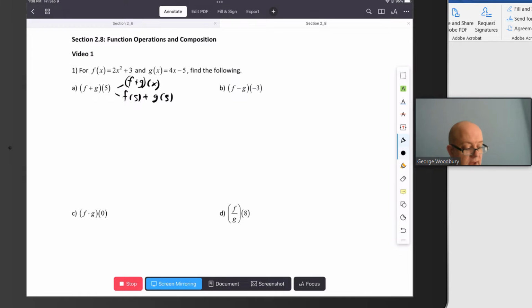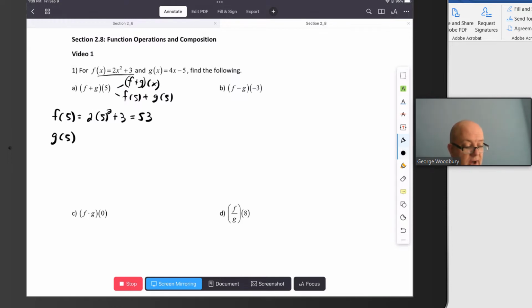So first, I need to find f of 5, which is 2x squared plus 3, the formula for f. So that's 2 times 5 squared plus 3. 5 squared is 25. 2 times 25 is 50. 50 plus 3 is 53.